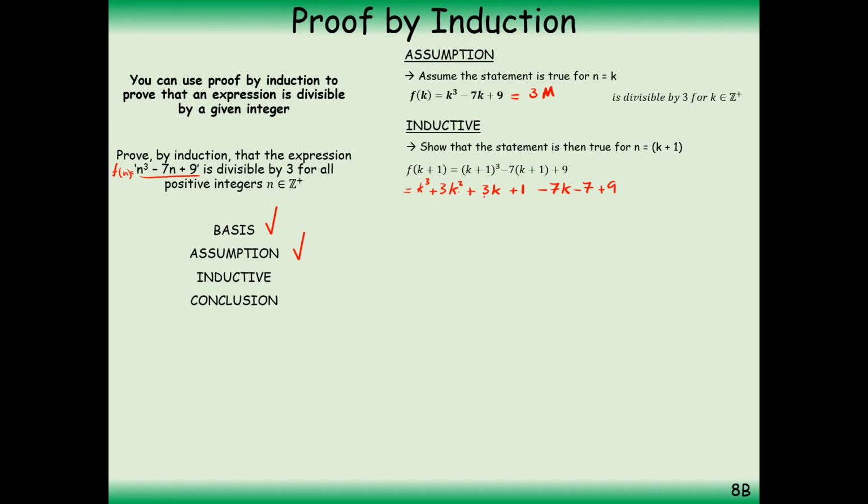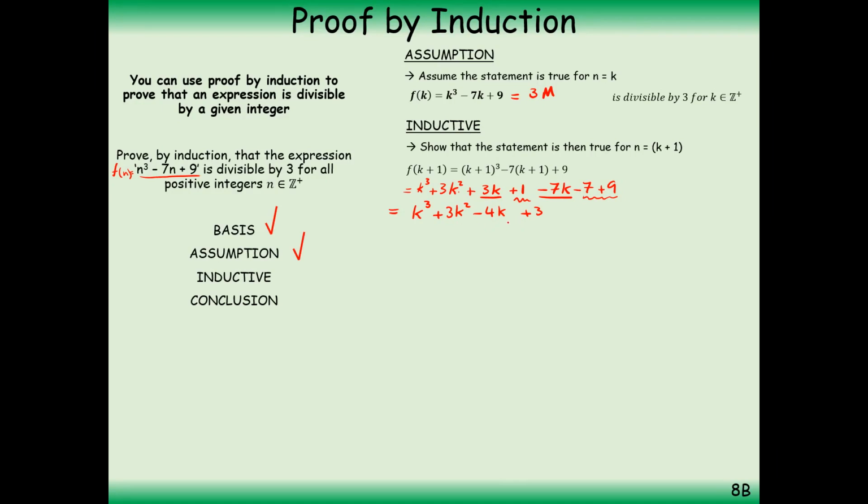Now collecting like terms, this negative 7 and plus 3 we can simplify, but I'm going to leave this k cube here. The two terms I underlined give us negative 4k, and the squiggly lines are going to give us plus 3 there, because 10 minus 7 is plus 3.